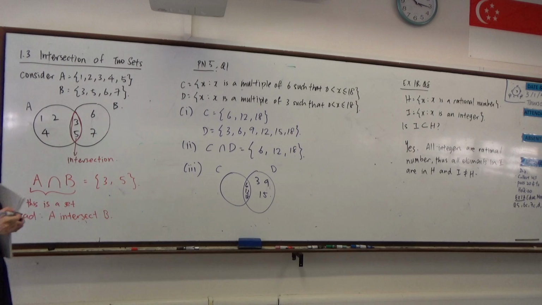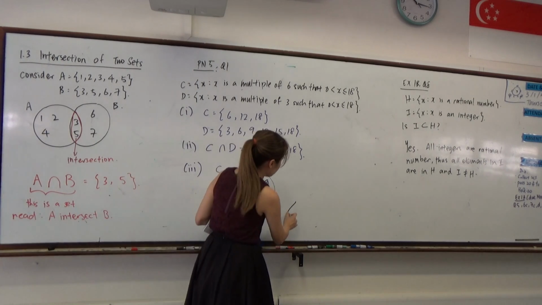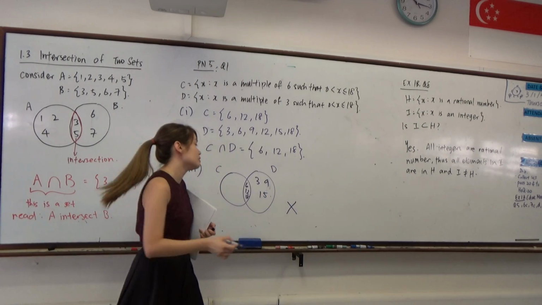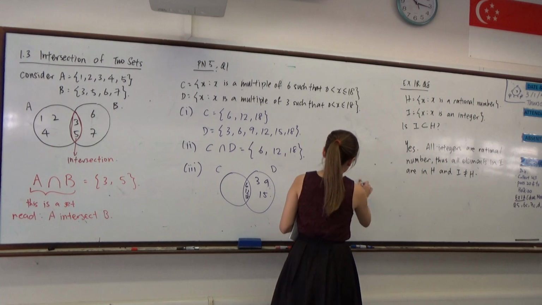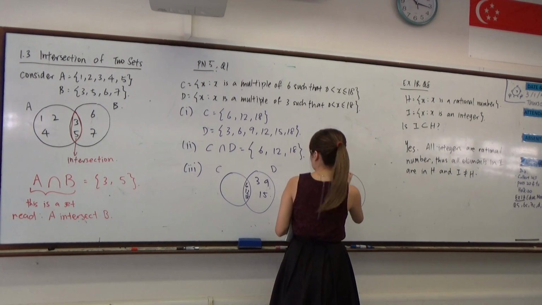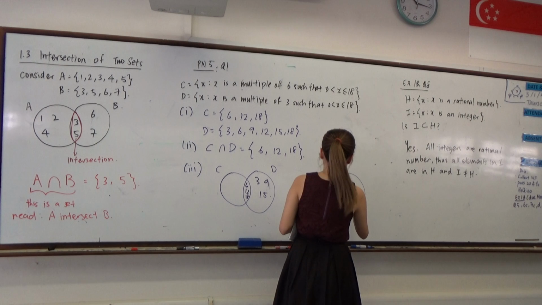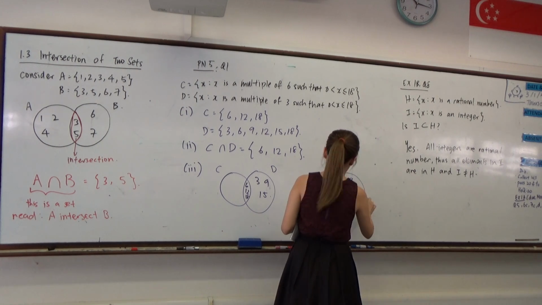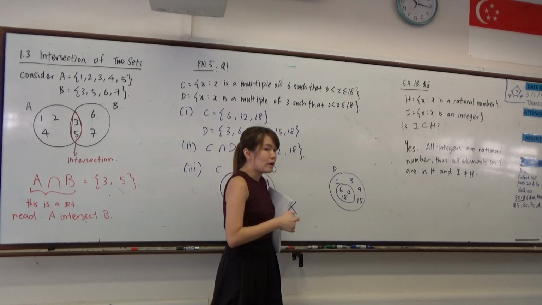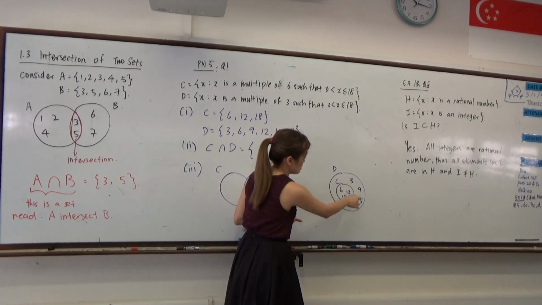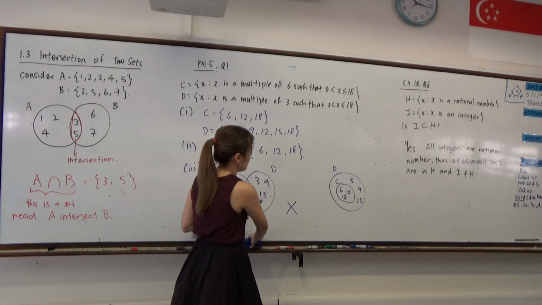No? Okay, so actually this will not be a correct Venn diagram. The correct Venn diagram should be that C is inside of D, whereby the intersection in this case is a part of D itself.